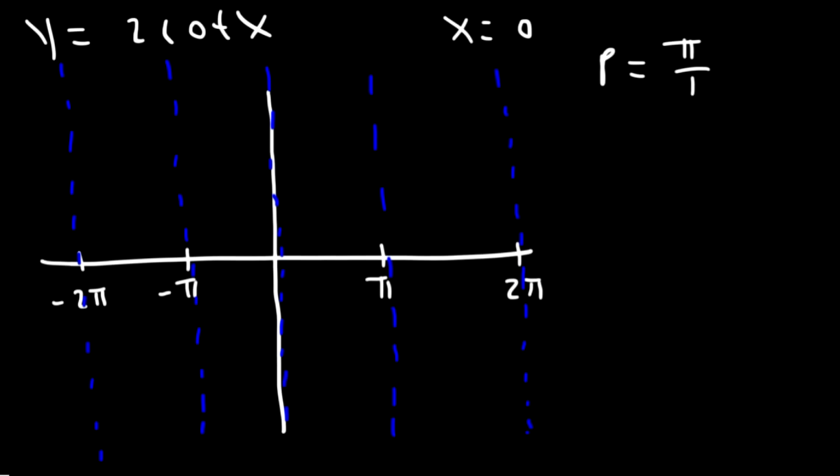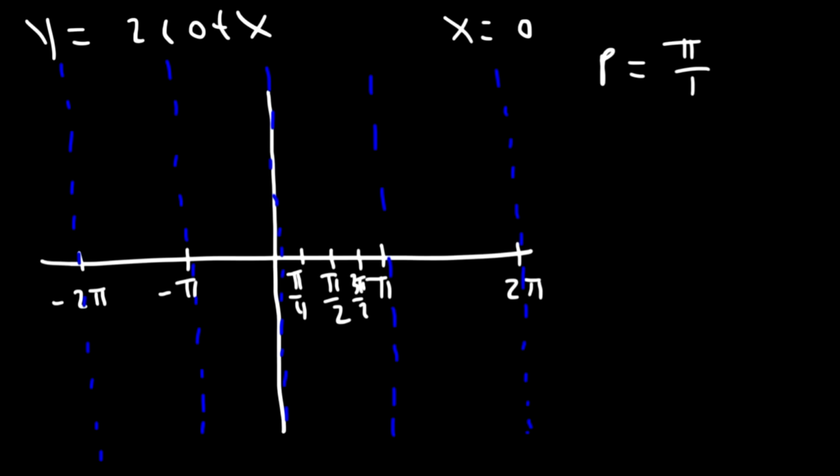I probably should have made a bigger graph, but we can still make this work. So between 0 and pi, it's going to be pi over 2. And between 0 and pi over 2, we have pi over 4. And between pi over 2 and pi, it's 3 pi over 4.